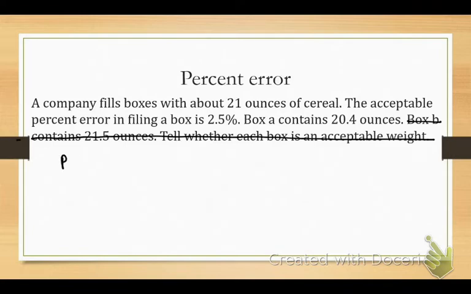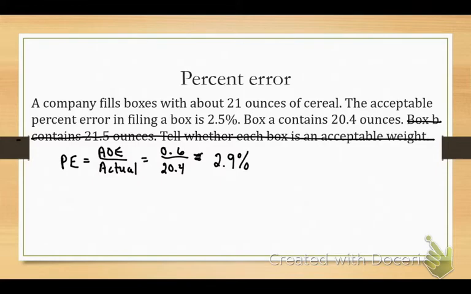Let's say the formula together. PE, percent error, equals the amount of error divided by the actual amount. How much is the amount of error between 21 and 20.4? 0.6, divided by how much was actually in box A? 20.4. When you do 0.6 divided by 20.4, you get approximately 2.9%.